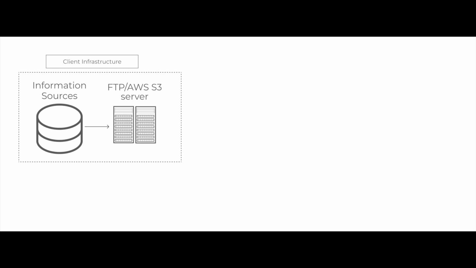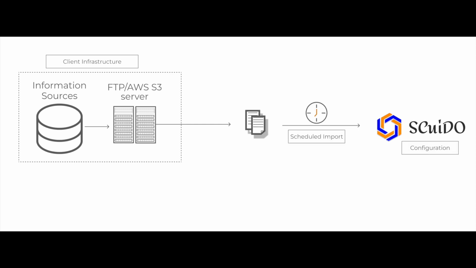FTP stands for File Transfer Protocol and AWS S3 is Amazon Web Service S3. These services are used to transfer files from one computer to another. Squeedo lets you configure to connect with these servers. User can schedule a time to import these files from these servers.